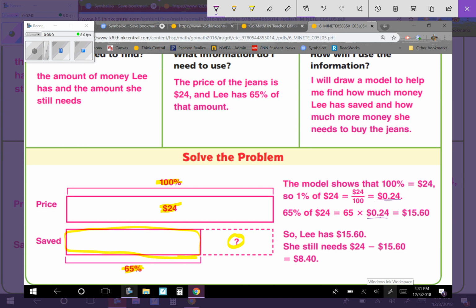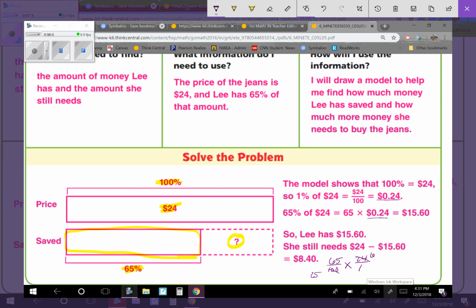Again, I would show it a different way. If it was me, I would say 65 over 100 times 24 over 1. You can simplify before or after, but if you divide both of these by 4, you get 6.